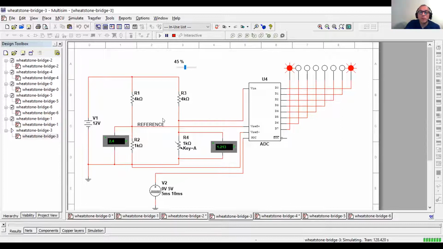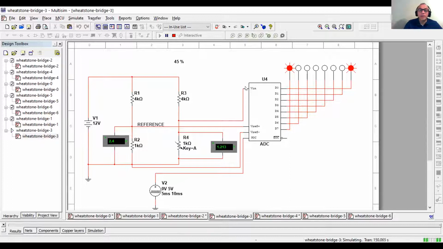Okay, so instead of measuring VAB, VA is now the reference voltage and VB is the input. But suppose this was a light sensor or a temperature sensor, and you needed to make some adjustments. You need to calibrate it because something was a little bit off, because you do have inaccuracies in resistors.